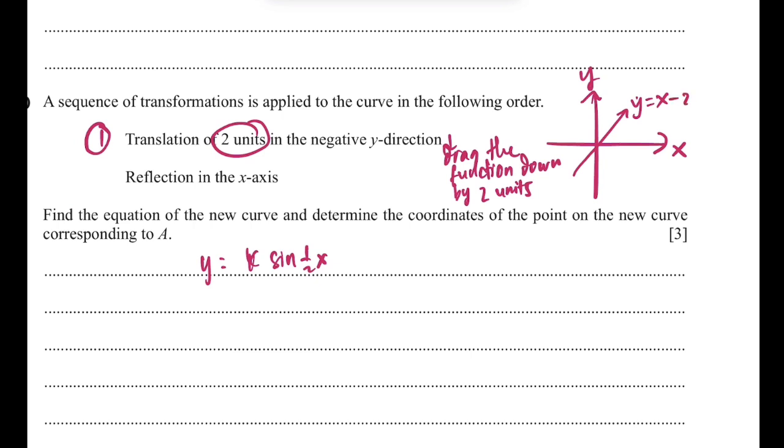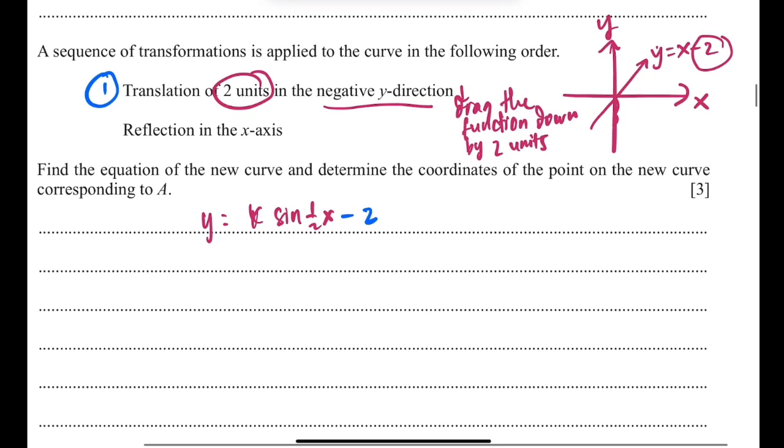If we put minus 2, we will drag this down, so the intersection with the axis moves down 2 units. So we drag means we put minus 2. Because we translate 2 units in the negative y direction, the new function after the translation will be k sine half x minus 2. I will change this to blue for the first transformation, which is translation.